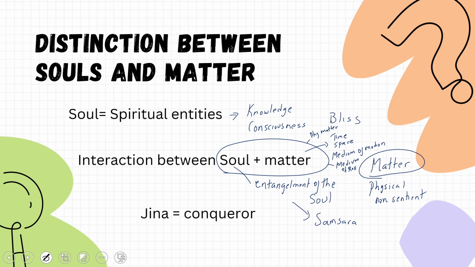Now we see that Jainism as such is an atheistic religion, but it does not deny the existence of gods as beings inside the cosmos. So for example, last time when we dealt with the concept of God, we said that Jainism doesn't believe in what type of God?